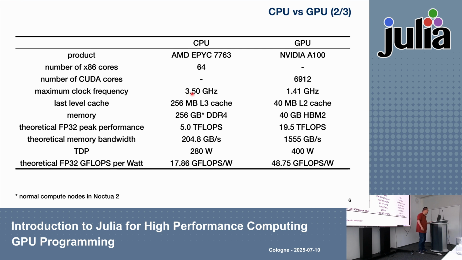But anyway, it's 3.5 gigahertz. But if you look at the GPU frequency, it's only 1.4 gigahertz. This is, let's say, an enterprise, very high-end product, but only 1.4 gigahertz.